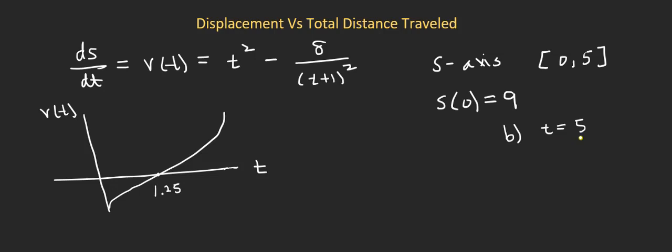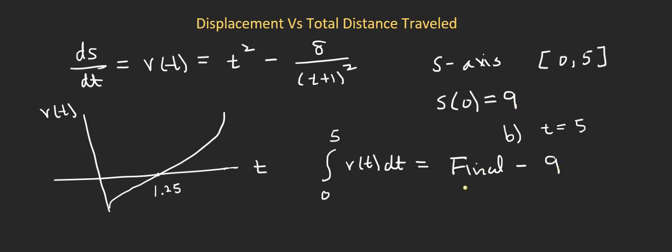What about our position when t equals 5? So again, displacement, which will be the integral from 0 to 5 of the velocity, should equal final minus initial. In this case, initial will be 9. So what is our final position of the particle when t equals 5?